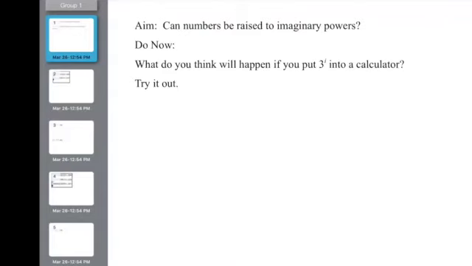Interesting. So some people are getting an error, and some people are not.